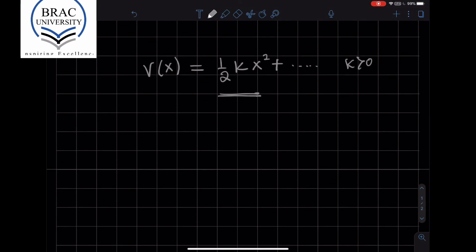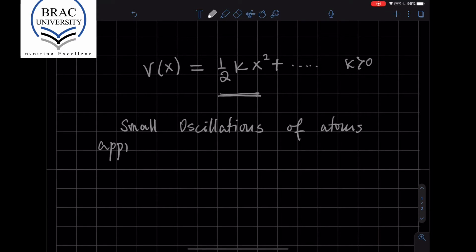So for example, for small oscillations of atoms, we can approximate the oscillations by the simple harmonic oscillator.